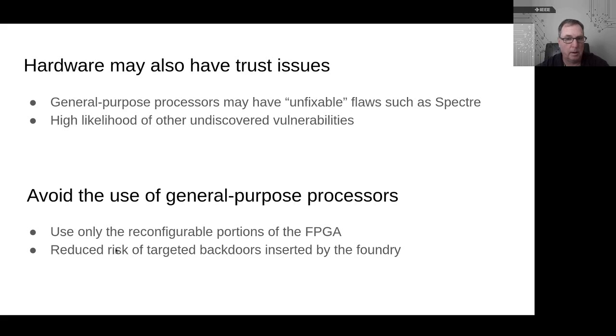But because we are not able to actively scan or inspect these devices, we avoid them and only use the reconfigurable portion of the FPGA. This also reduces the risk of a targeted backdoor being inserted by the foundry that makes the FPGA, since the attacker would have no way of knowing how the hardware components would ultimately be placed in the reconfigurable logic.